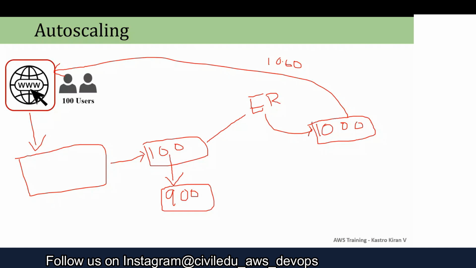So now, what is happening? These 900 students will not be able to access the website, till the time these 100 users are not going out of the website.